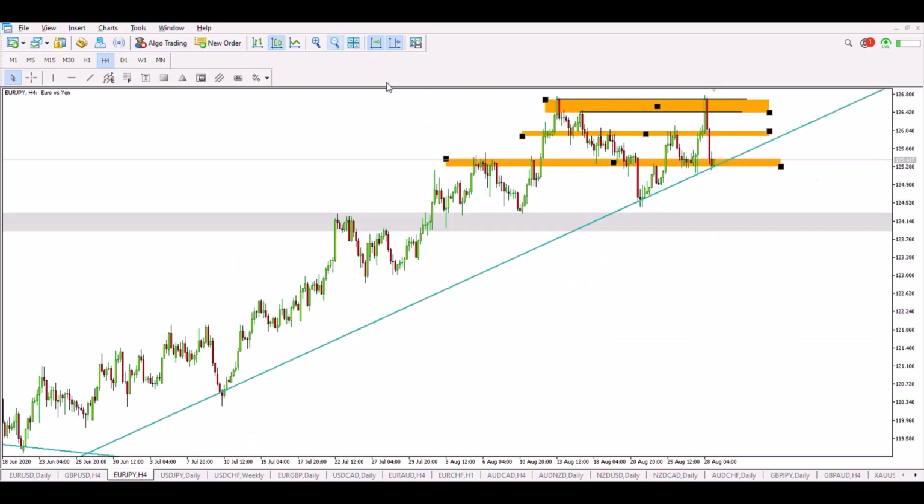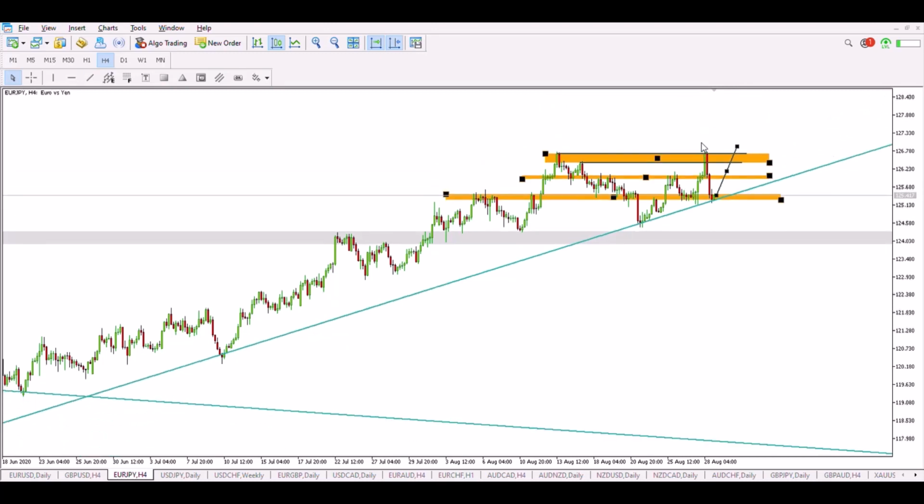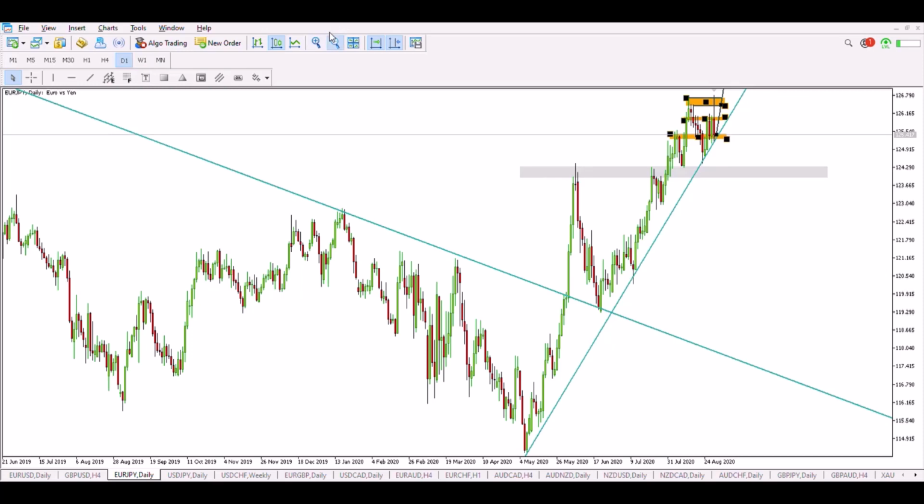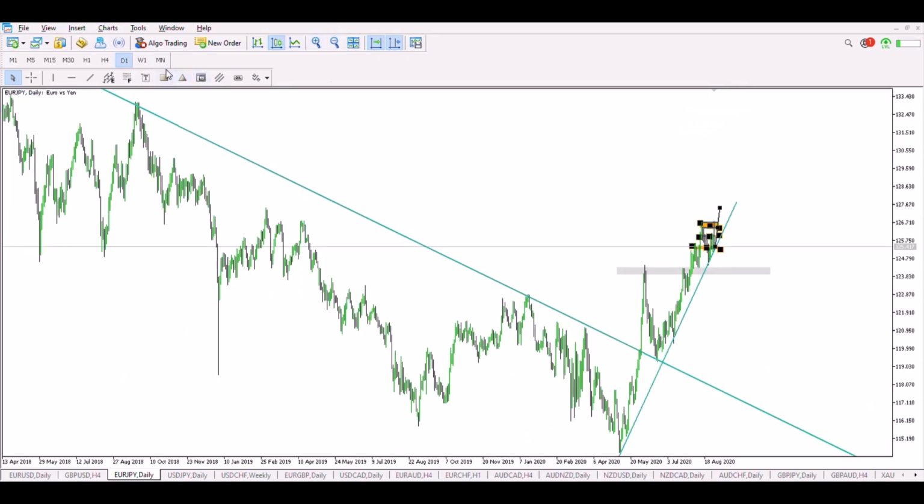So if we go bullish, the price will do exactly like this, and maybe can create even a higher high somewhere here. Let's see where can be our daily target. Okay, we can see some zone right here.